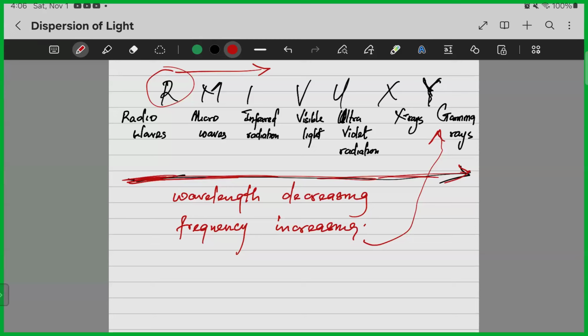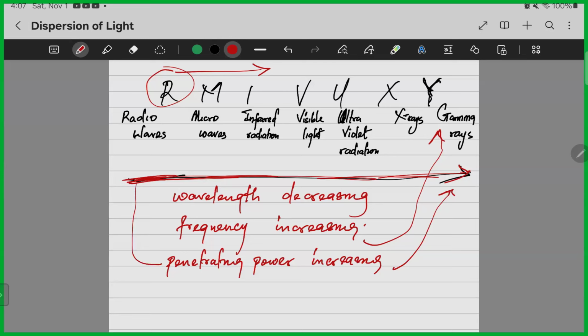As frequency increases, penetrating power too is increasing. So definitely gamma ray has the highest penetrating power, while radio waves have the lowest.